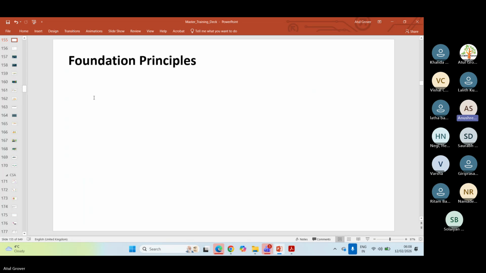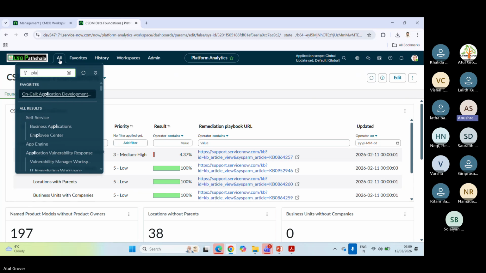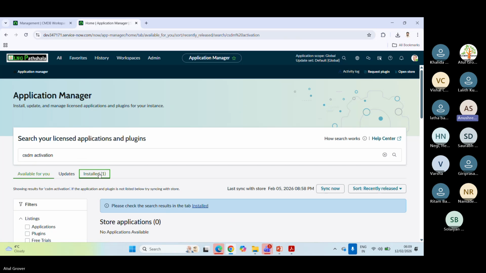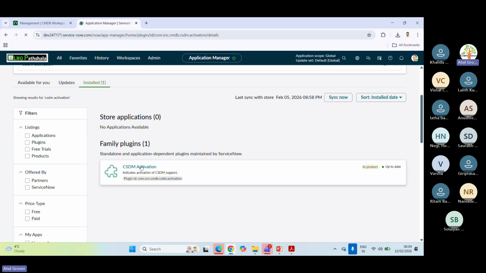I want to understand, there's one plugin called CSDM activation. Is that a parent plugin that should be installed? Because there are CMDB CSDM support, which is one plugin that is installed, and the other plugin is CSDM Data Foundation Dashboard. The dashboard is separate. That doesn't indicate technical CSDM support.